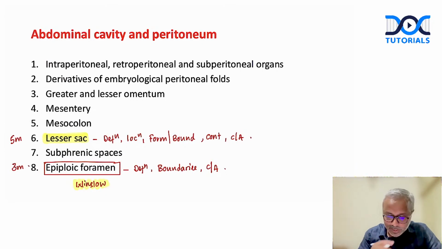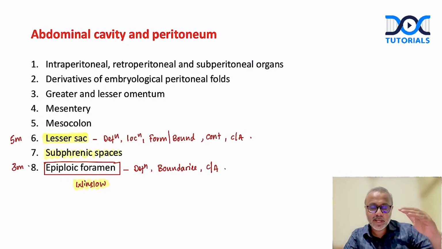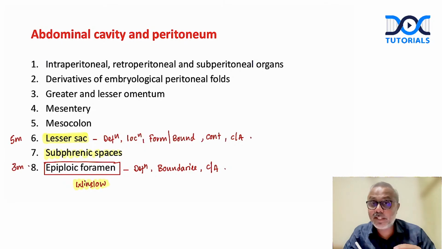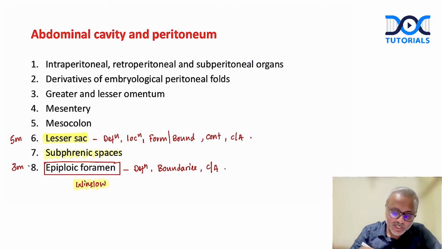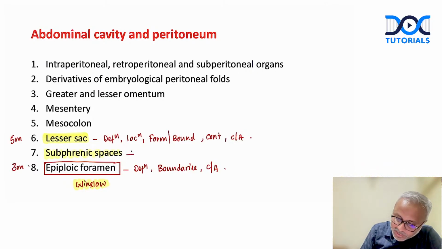Now, apart from this, if the examiner wants to make your question paper a little bit tricky, then they can ask about the anatomy of the subphrenic spaces, the 6 spaces which lie beneath the diaphragm. Okay, even in the subphrenic space, one space that they ask very often is the hepatorenal pouch.